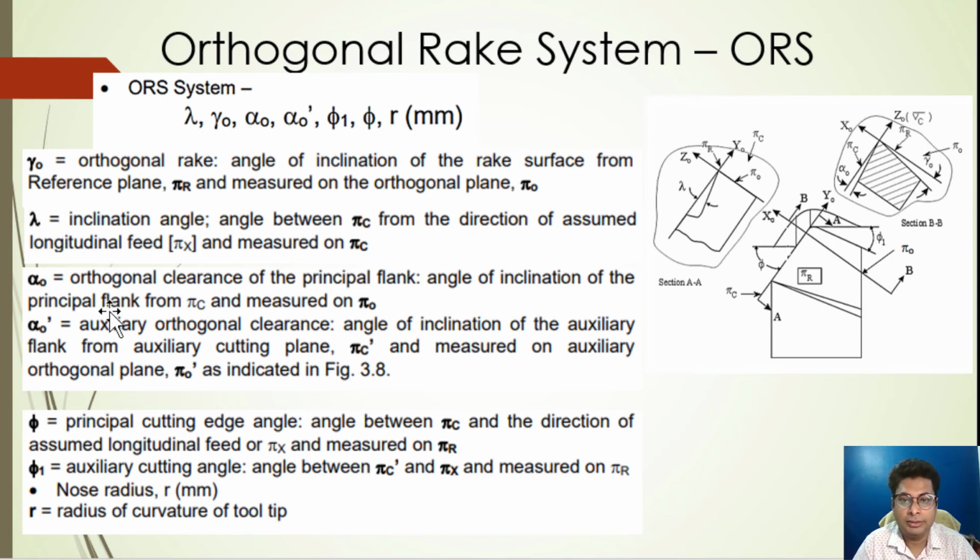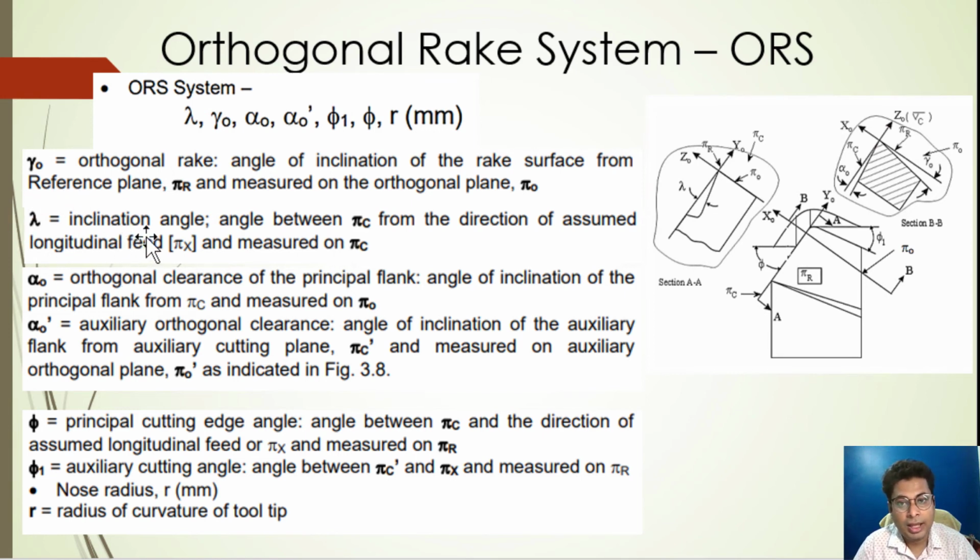Now here a very unique or new term is located. This is lambda. What is this? This is the inclination angle. What is this? Angle between pi c, that is your cutting plane, from the direction of assumed longitudinal feed gamma x and measured on pi c. Okay.